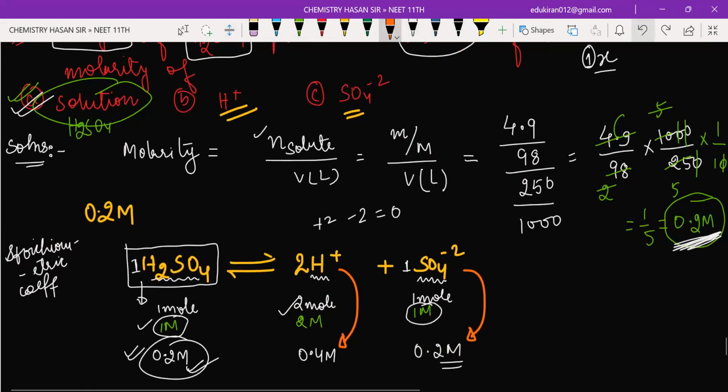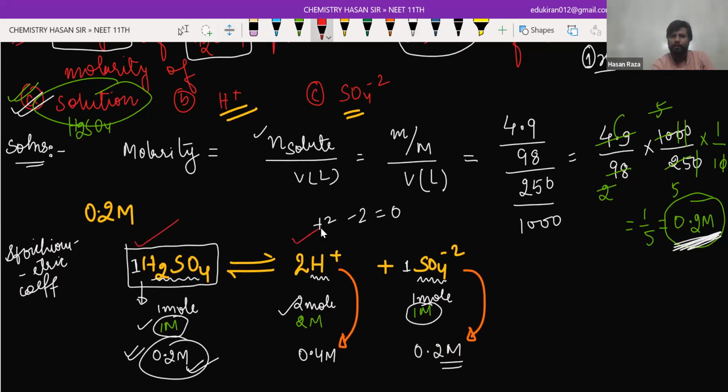Basically, I just connected this because you have studied in stoichiometry that 1 mole of this will give you 2 moles of this and 1 mole of this. So in the same way, we can write it in terms of molarity as well, right? Are you getting my point? I just connected that. Yes, sir. Okay.